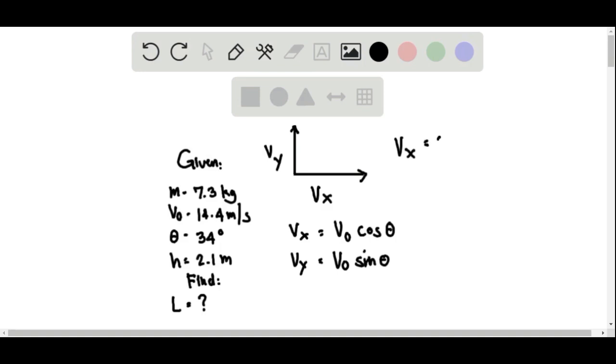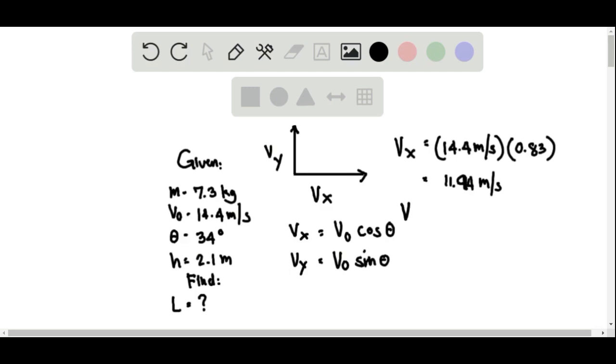So now we can plug in our numbers. For v sub x, we have 14.4 meters per second times cosine 34. The result is 11.94 meters per second, which is our x component.